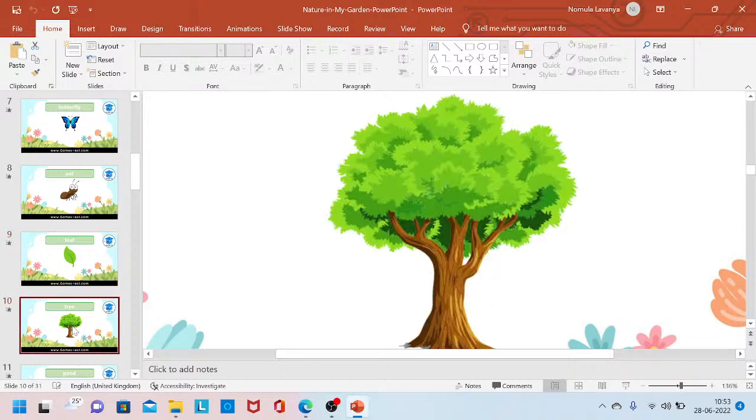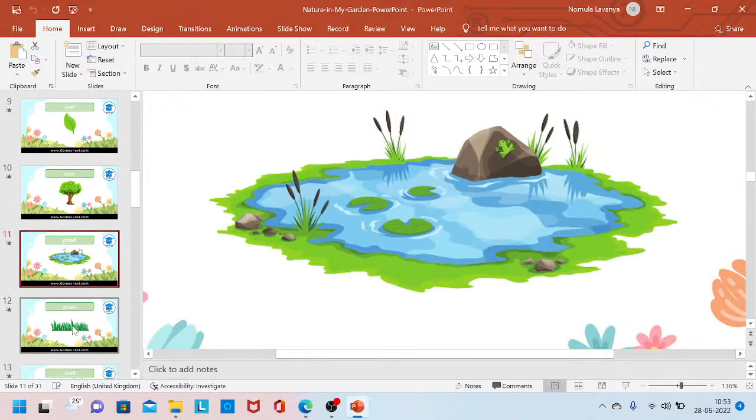And what else do we see in the garden? We see trees also, right? We also see plants, some creepers, and very big trees, right? What else do we see in the garden?